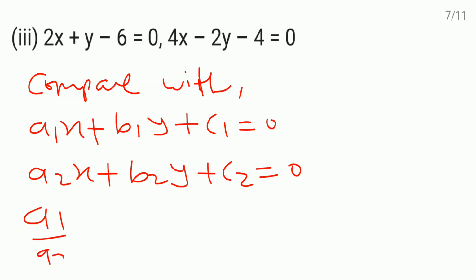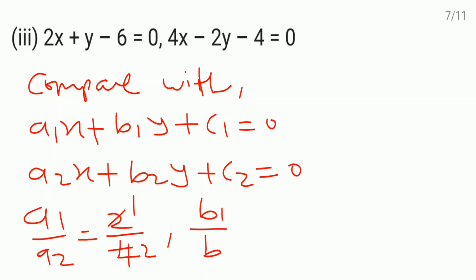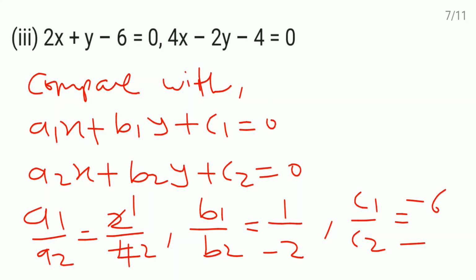We get a1 by a2, 2 by 4, 2 ones are 2 twos are 4. Here b1 by b2, it is 1 by minus 2, and c1 by c2 which is equal to minus 6 by minus 4. Minus minus cancel, 2 threes are 6 and 2 twos are 4.